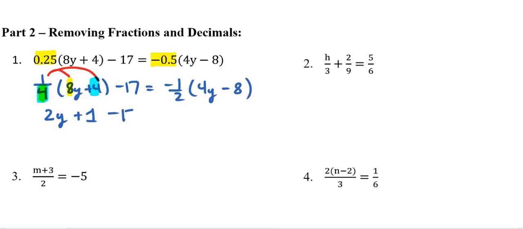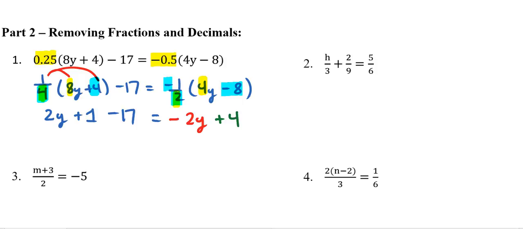And then minus the 17 equals to, well, what's 4 divided by 2? Well, that's going to be 2 with a negative sign, so negative 2y. And then I have this negative 8 divided by this negative 2. That's going to be positive 4. Okay.